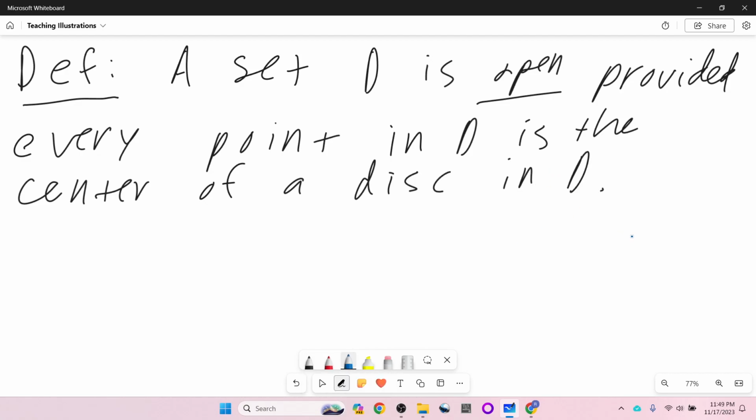So graphically what this means is that there's no boundary. The boundary is missing. If I pick any point inside, I could draw a little disk around it that would be entirely inside.